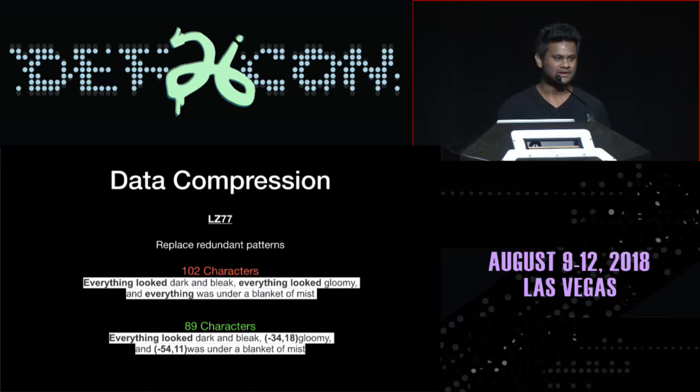What it's going to do is replace it with codes referring to the existing stream. So when it compresses the data, it's going to say -34,18, which on the decompression side means just go back 34 characters and expand the next 18 bytes. As long as the final output is much more reduced, the compression makes sense.